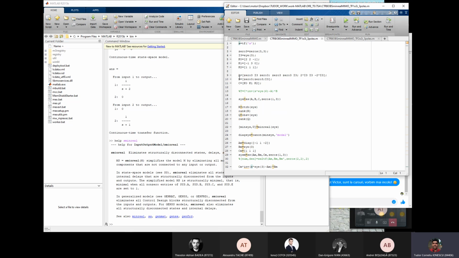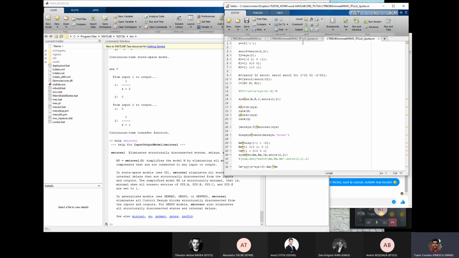Now I'm building the state space realization, and I'm checking the observability and the controllability. And I'm getting again a minimal realization, as well as the canonical minimal realization.